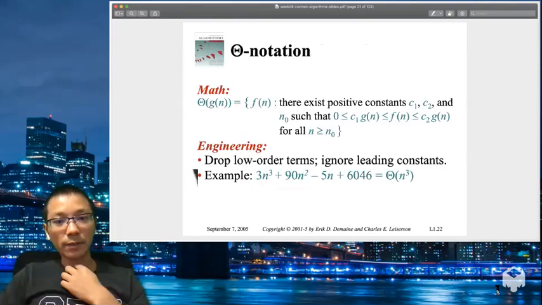Now, when we say when n gets large enough, imagine you have an algorithm that takes theta of n squared time. That algorithm will always beat a theta of n cubed algorithm. Imagine this is running time. Of course, the lower the better, right? So this is theta n squared, and this blue line is theta n cubed.